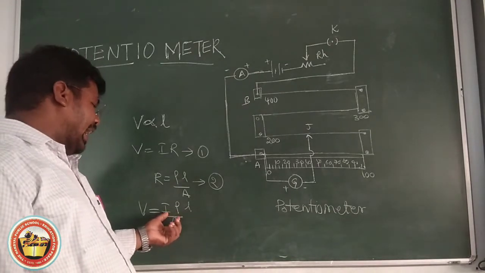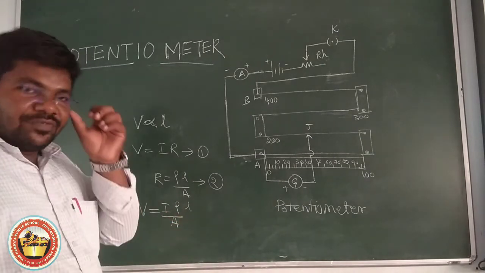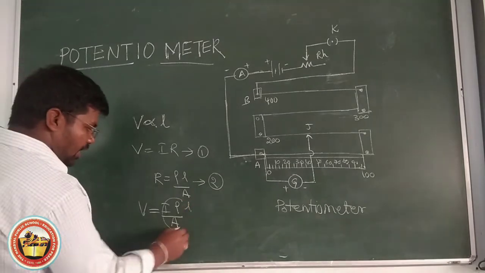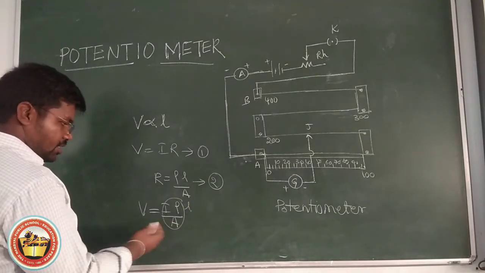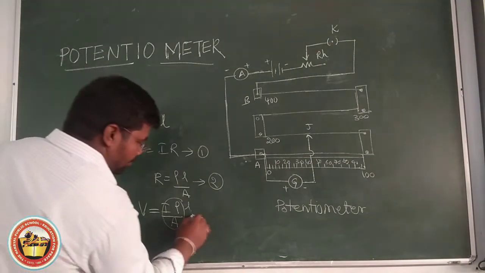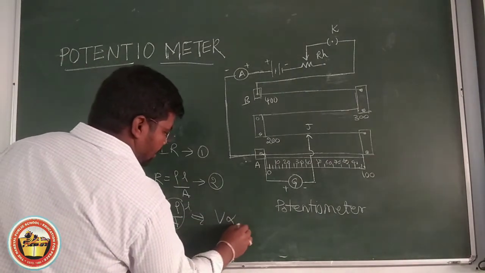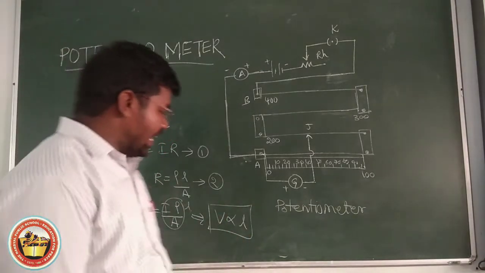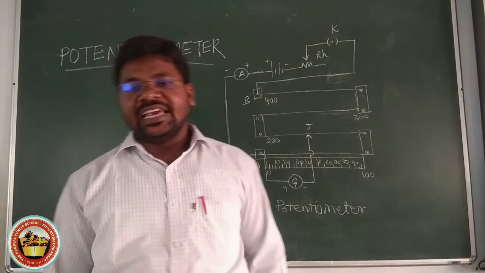So rho and A are fixed or constant in this case. These are all constant, here only V and L are variable. So from this, V is directly proportional to L.